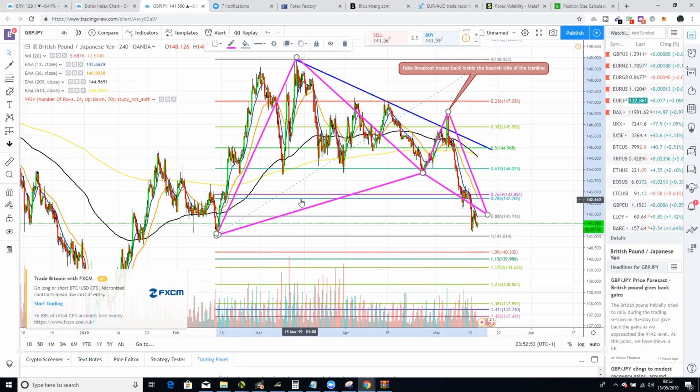But what we'll then say is this move from here to here, where are we retracing to? What is our B point retracement? Can someone give me the value of the B point retracement?